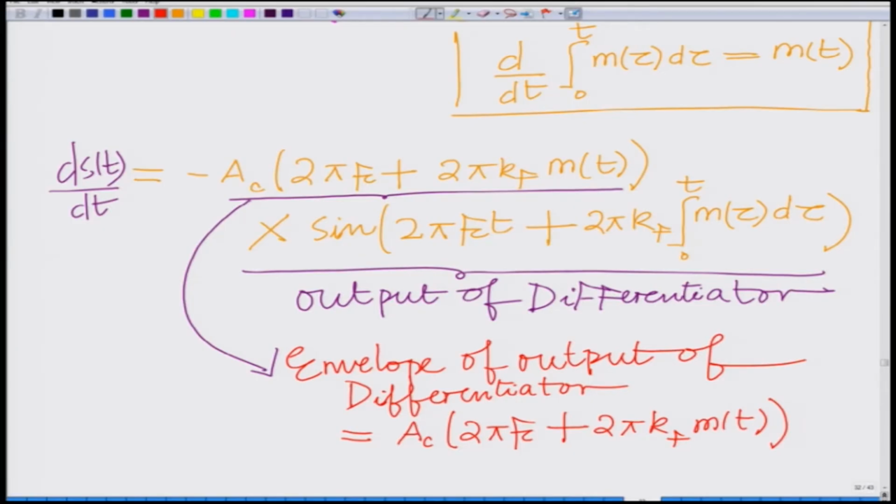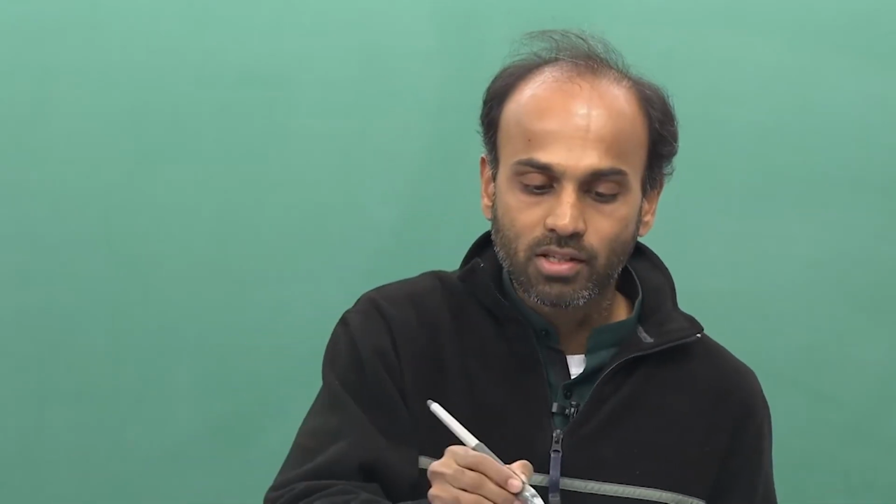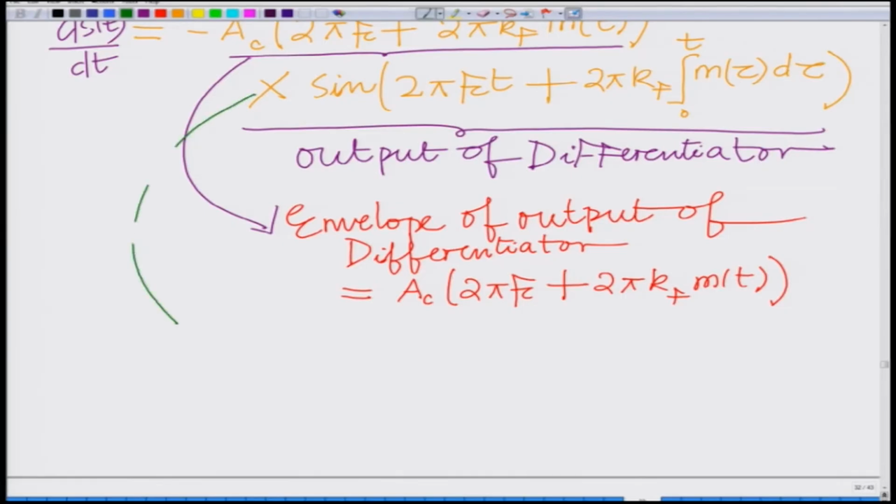Okay. And therefore, we pass the output of the differentiator to an envelope detector. We have already seen the envelope detector.